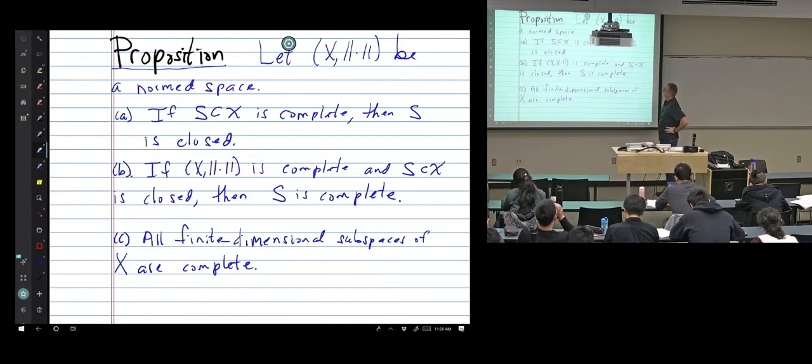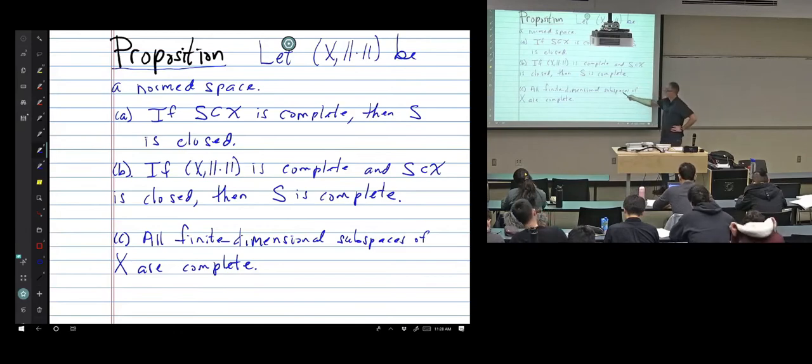Okay, so if I'm in a normed space and I take a finite dimensional subspace of it, like polynomials up to degree 27, can that set be open?